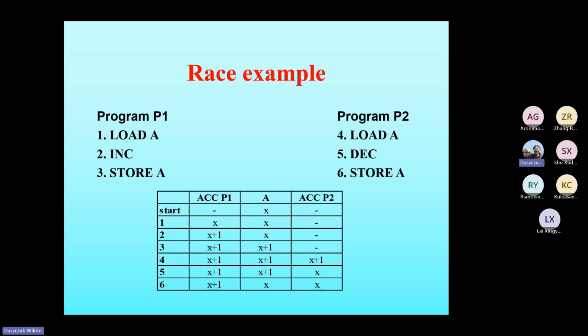Number 4, loading A to accumulator of process P2. Its value is X plus 1. Decrementing, the value in accumulator is X, but in variable A it is still X plus 1.